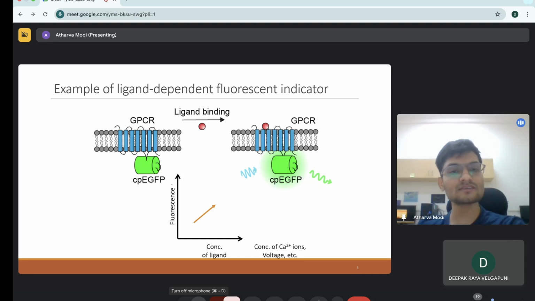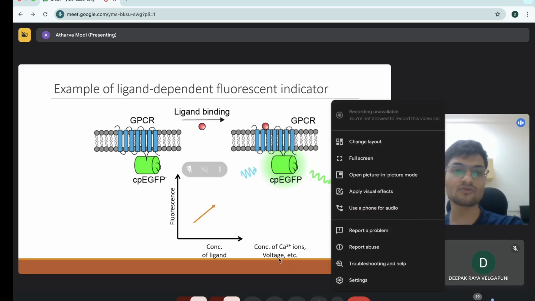This is a fluorescent indicator biosensor, right? You need not express it on the membrane first of all. It can also be expressed in the axons or synapses or anywhere in the cell basically. So if you want to measure, let's say, the concentration of dopamine at the synapse, you want this protein to express at the synapse and not in the cell body.